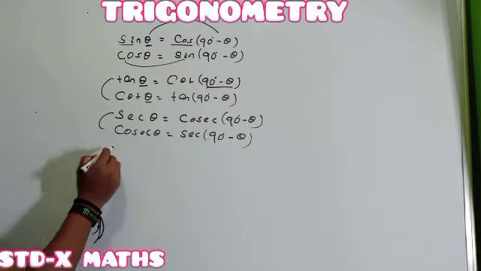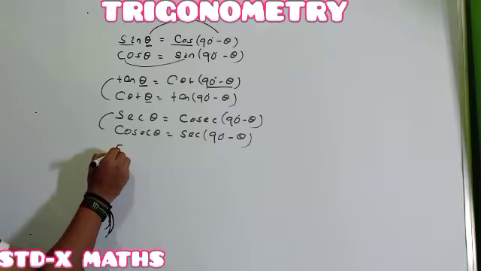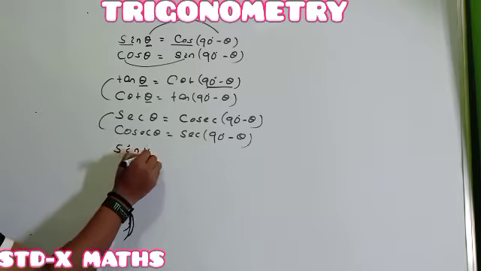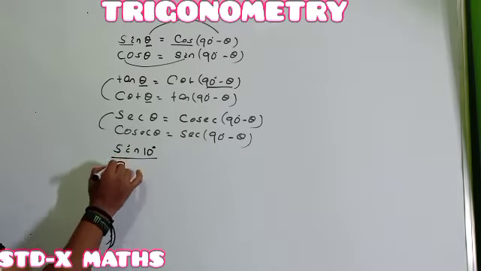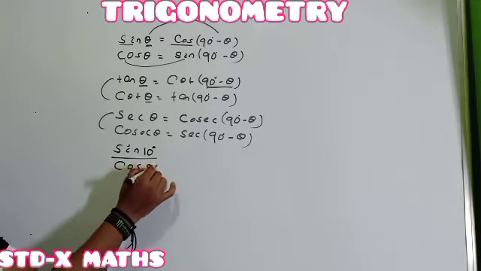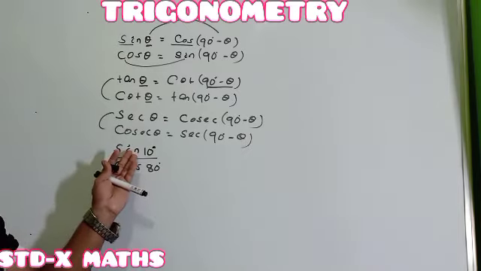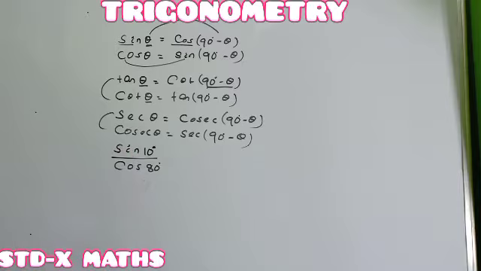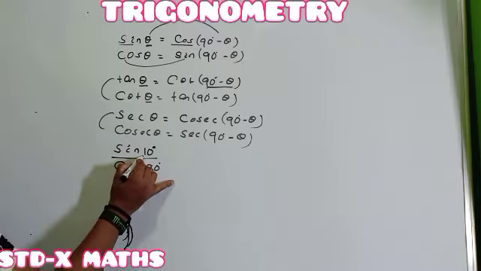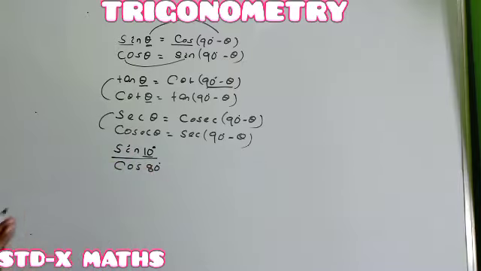See, suppose one of the questions is sine 10 degree divided by cos 80 degree. In this type of expression where trigonometric ratios are there, the value of sine 10 degree is not known to you, unlike our usual sine 0 degree, 30 degree, 45 degree, 60 degree, 90 degree.